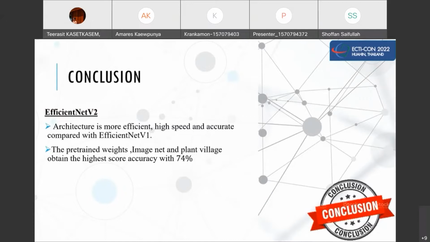As we can see, the pre-trained weight combination of ImageNet and Plant Village obtains the highest score in both experiment setups. The highest score obtained for this final experiment with these combinations is 74%. So next, move on to the next slide.